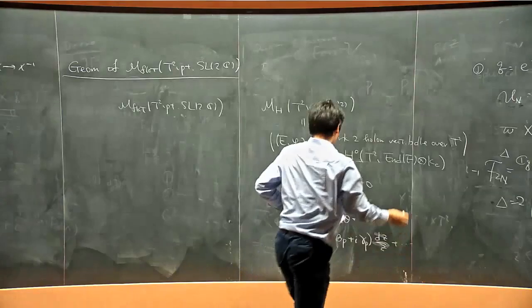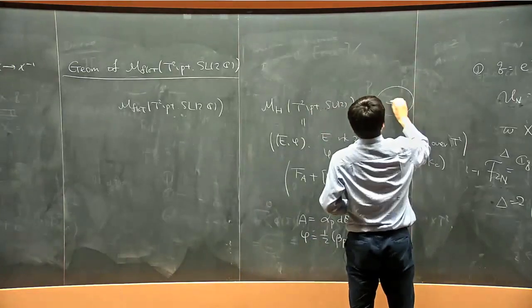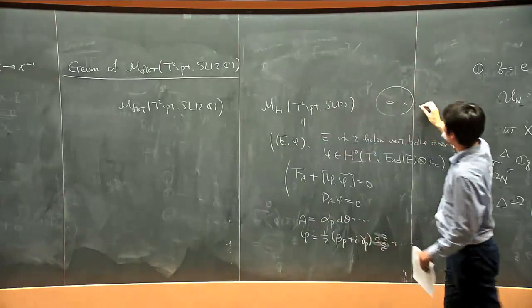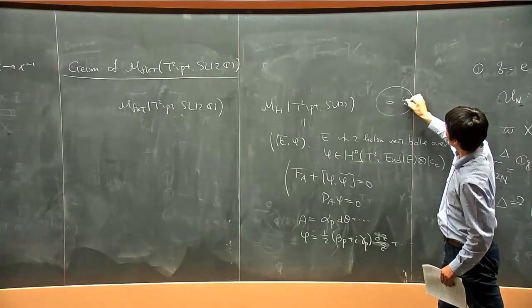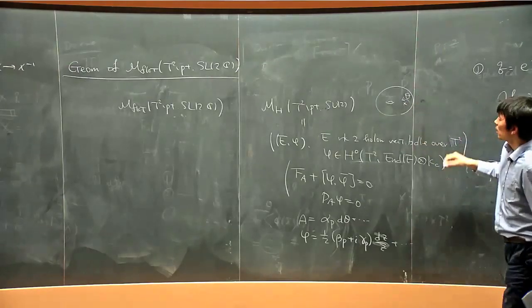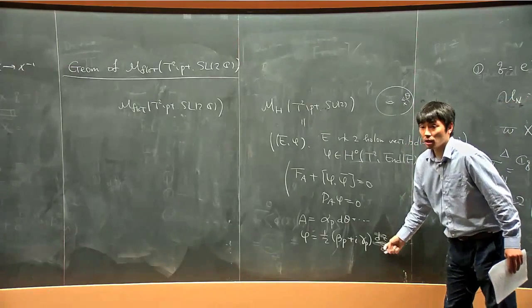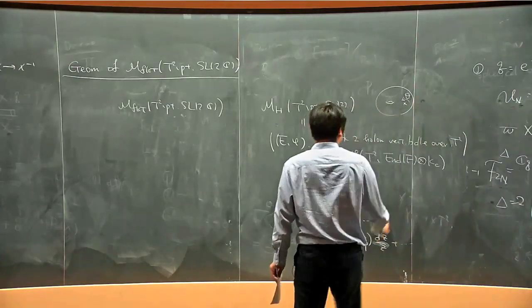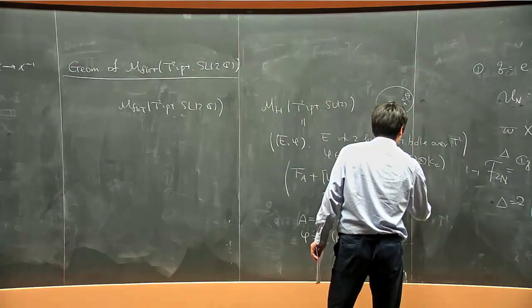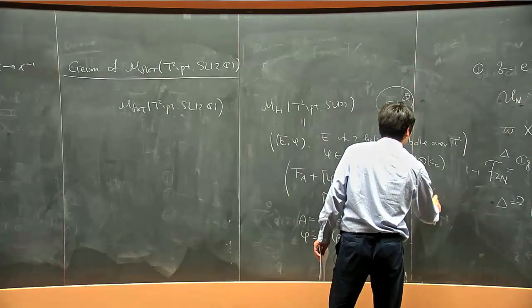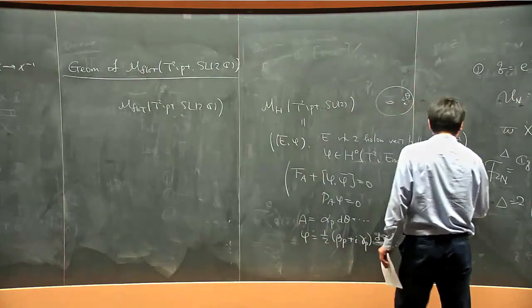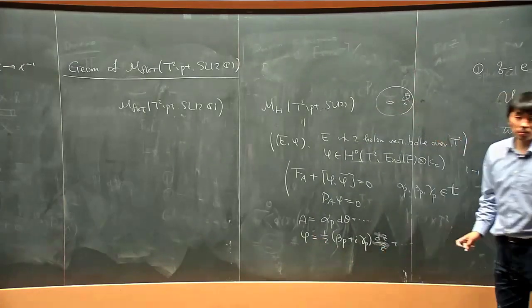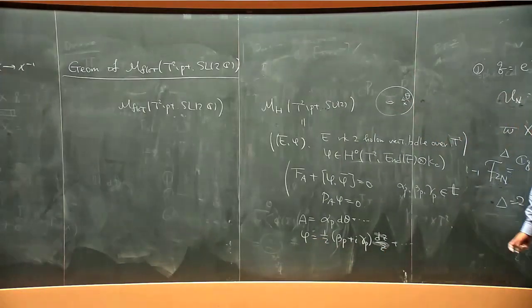So where I just put the coordinate of the puncture, and I call the angular direction theta, and z is the local coordinate around the punctures. And alpha p and beta p and gamma p take values in the Cartan subalgebra of the gauge group T.